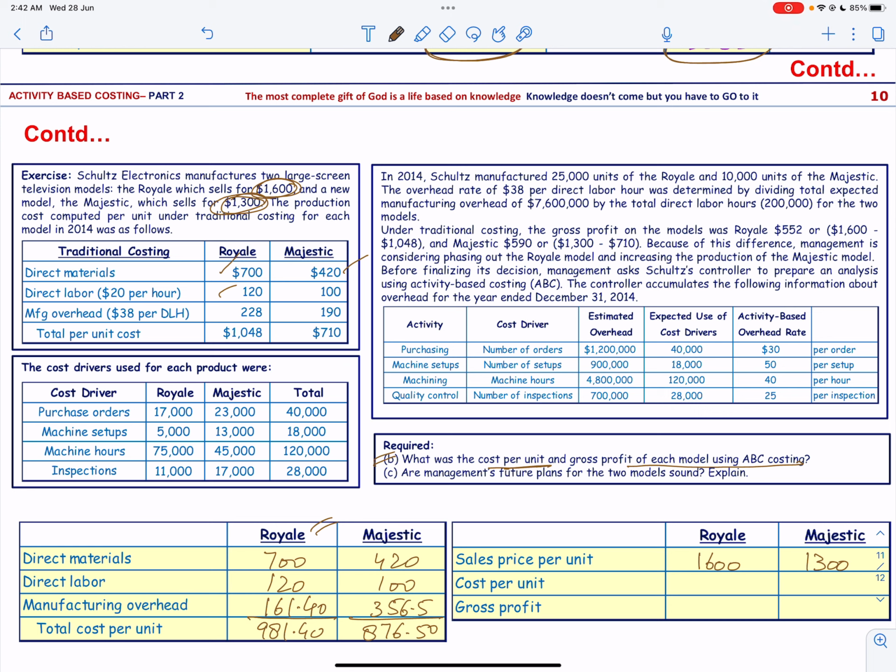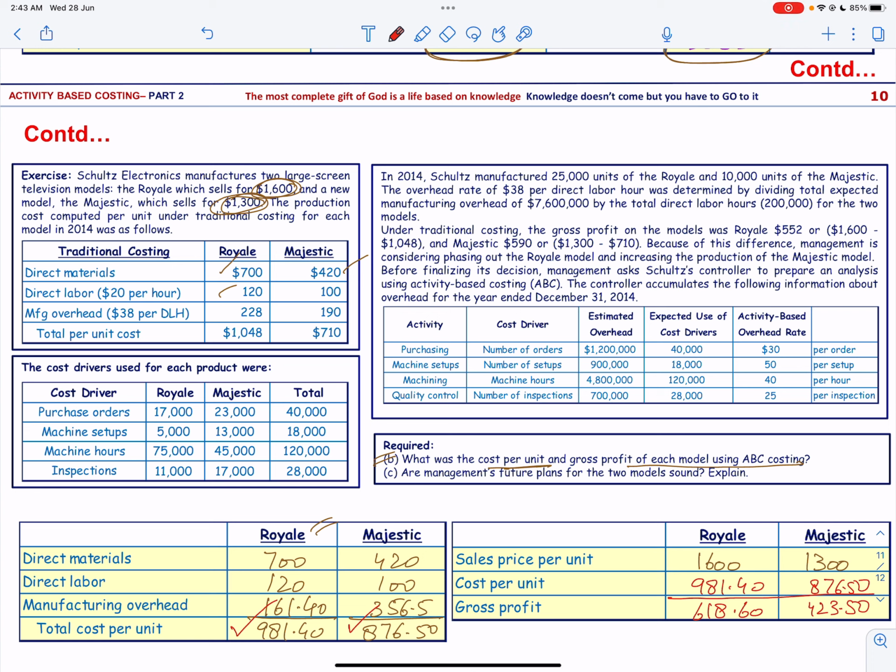Then we have the cost per unit that we have just now calculated, 981.40 and 876.50. So the gross profit is 618.6 and 423.50.